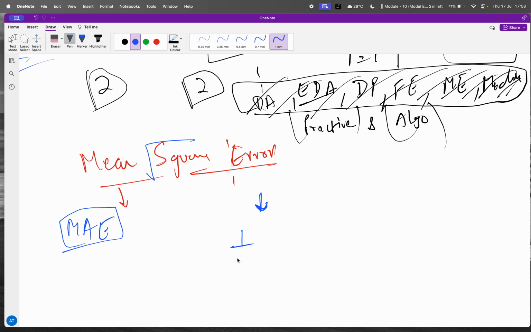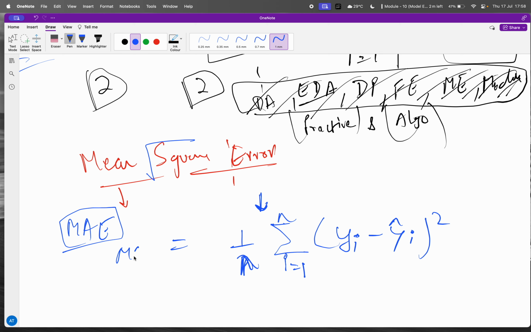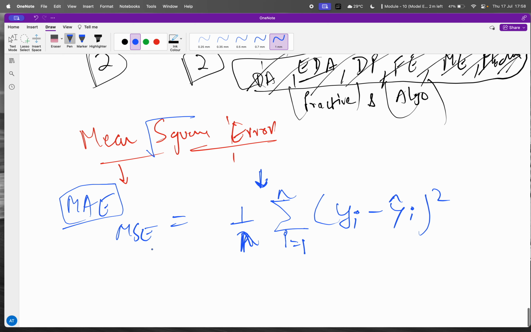What is the mean? 1 by n is known as the mean. Then the square, for i equal to 1 to n, of (yi minus y hat of i) squared. This is mean squared error.